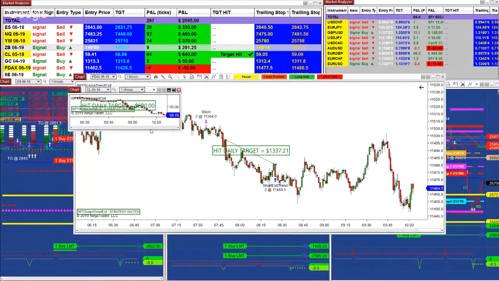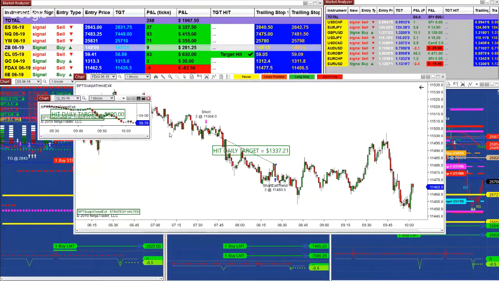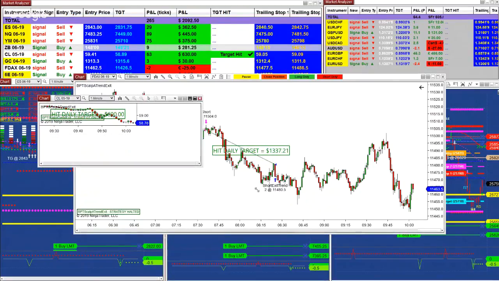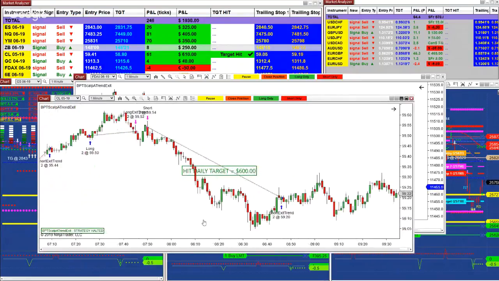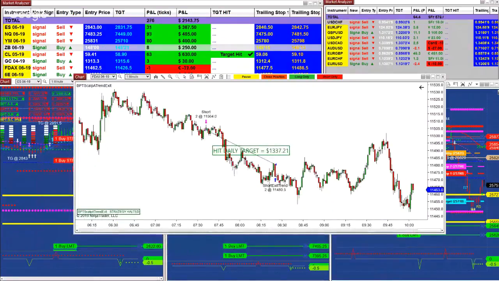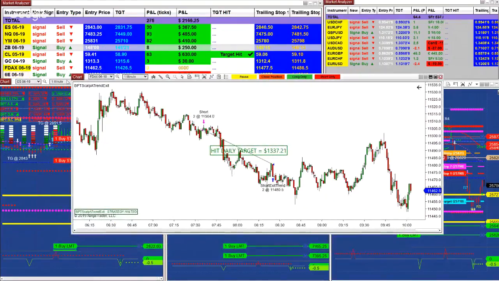So whether your daily target is 300, 500, or 600, if the market goes your direction, it stays in your direction. Both of them are on a $500 target, but on the last run we nailed 600. So anything above the 500 is a really good position for us.